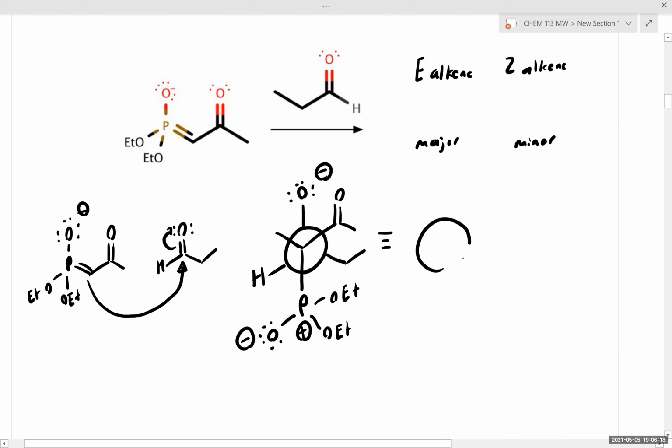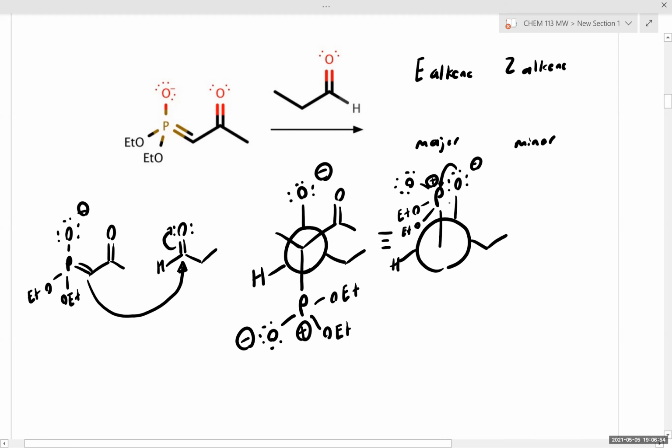After rotation, so that our phosphorus is adjacent and close enough to the oxygen atom to form our cyclic four-membered betaine intermediate, let's pay attention to how our other substituents are arranged.